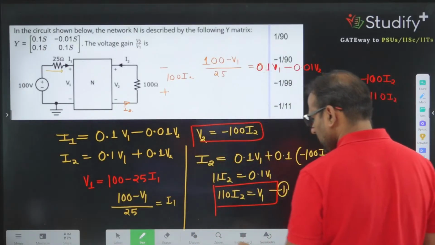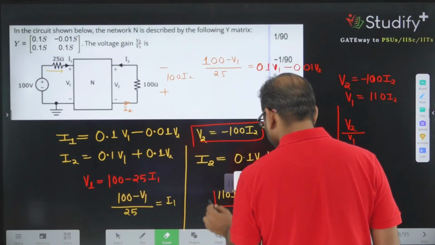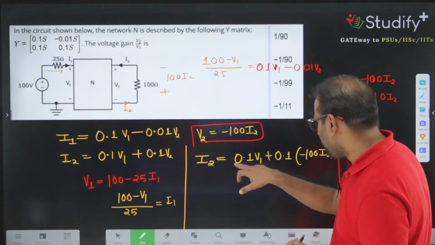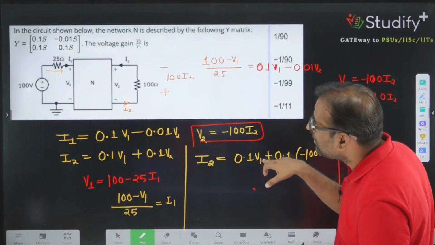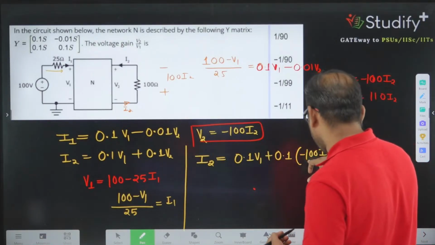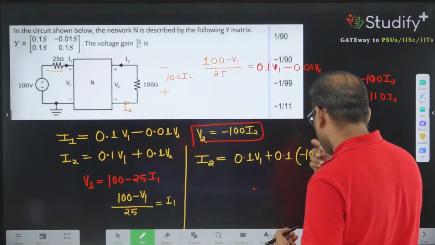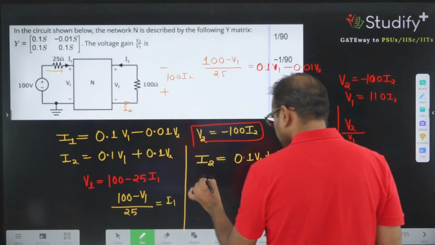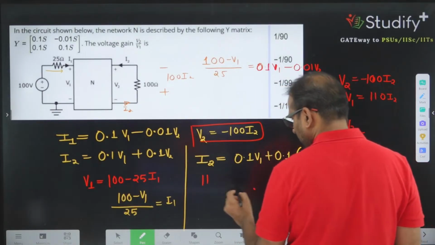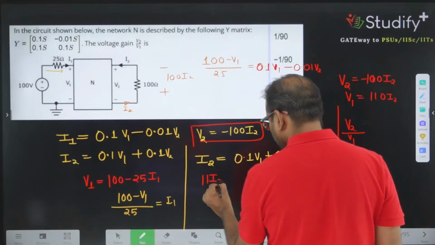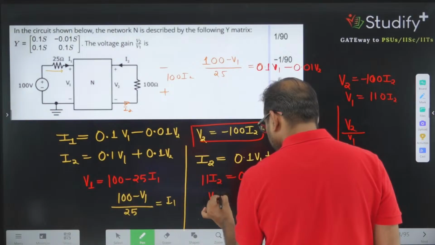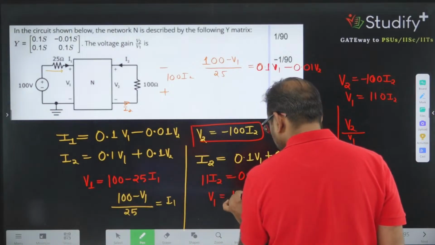If I put this value here, let me do it again: I2 is equivalent to 0.1 V1 plus 0.1 times V2, and V2 can be written like this. So you can say this is 11 times I2 equal to 0.1 V1, and V1 is 110 times I2.